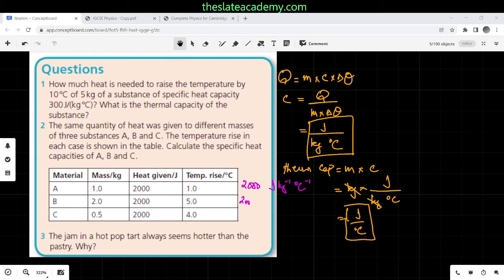The last question would be the answer. Question number 3, what's the answer?